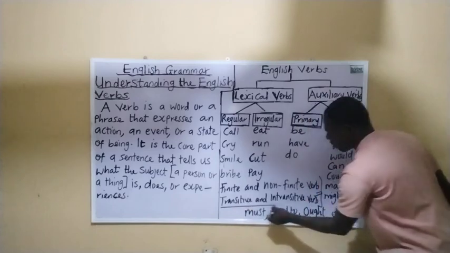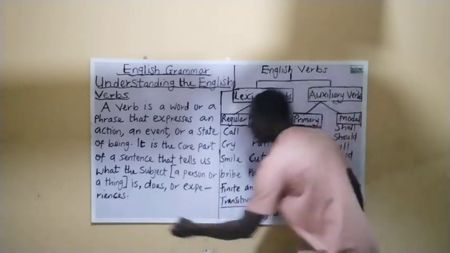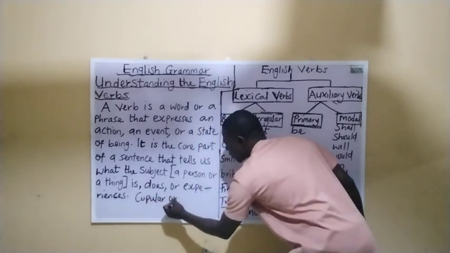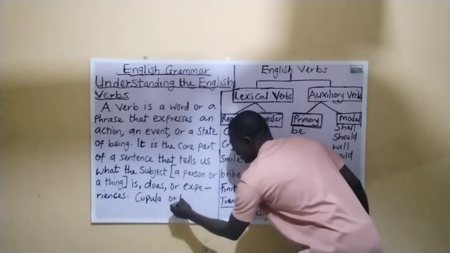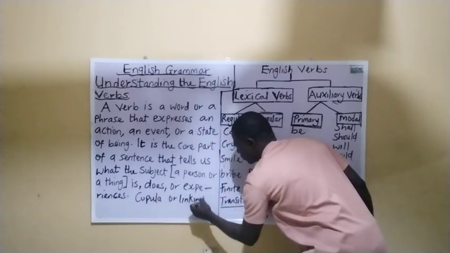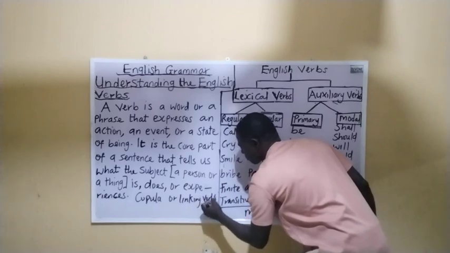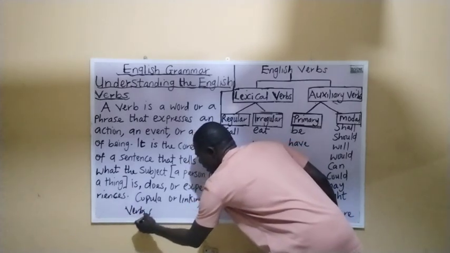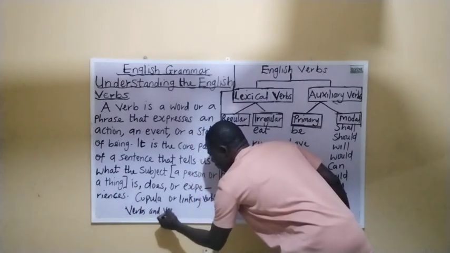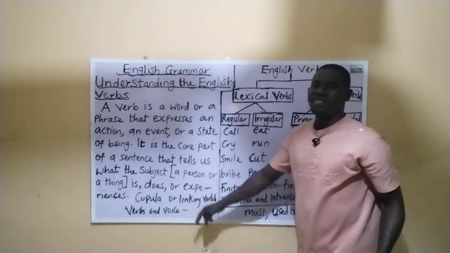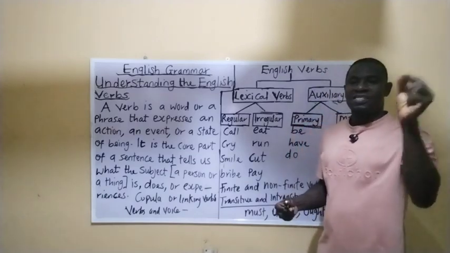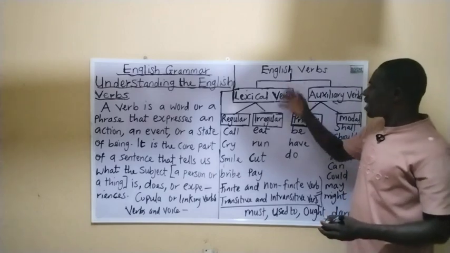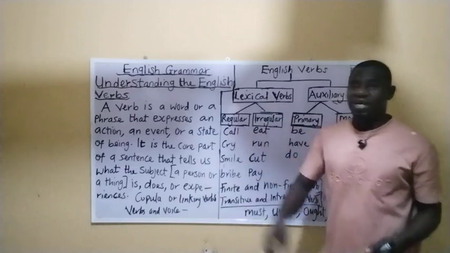Then, apart from these, we also have the copula verbs, or linking verbs. And lastly, we have verbs and voice. Under verbs and voice, we have the active voice and the passive voice. Okay, fine. We are going to take each of these types of verbs one after the other.